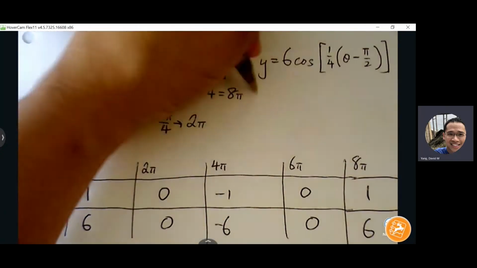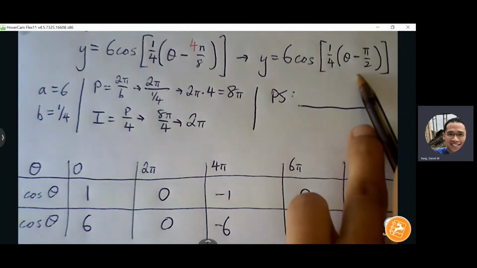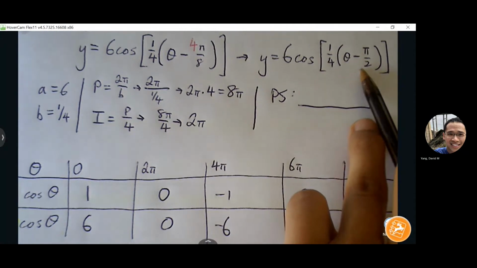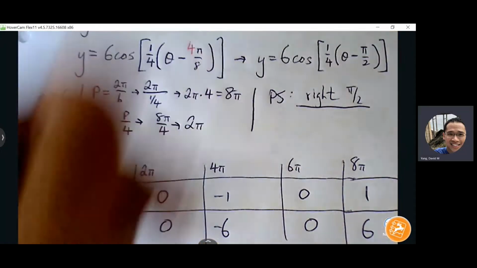What's our phase shift here? Which direction is this gonna go? Right, pi over 2. I gotta add pi over 2.